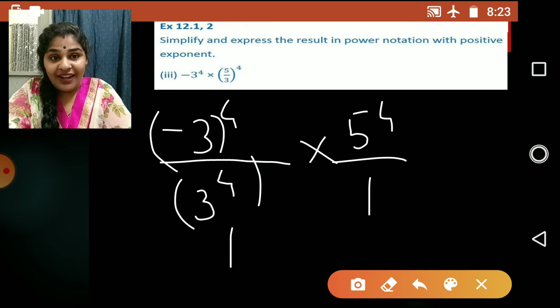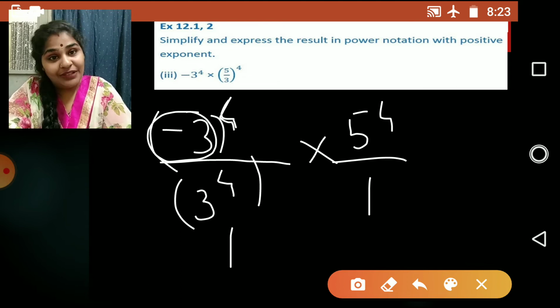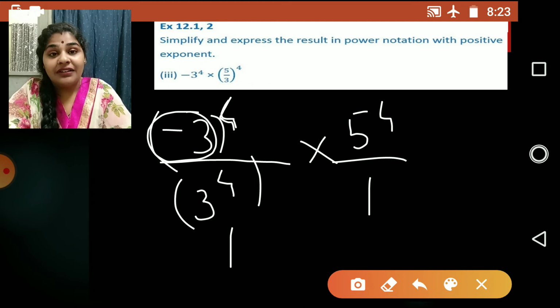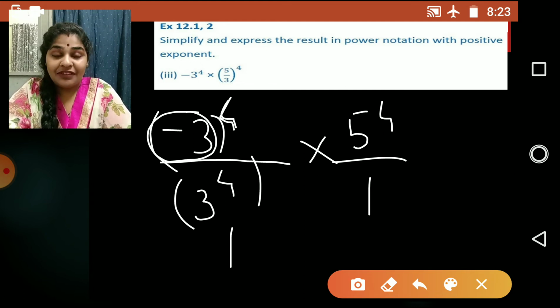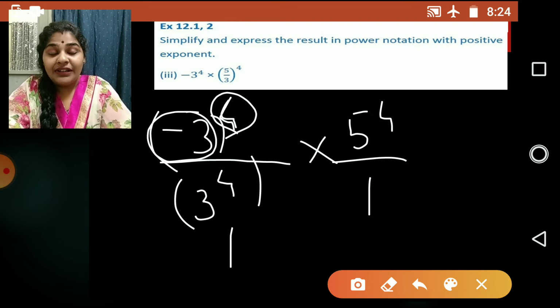and it can be written as 1, right? Because here negative 3, but the exponent is 4, so the answer will obviously be positive when the power is an even number, children, and the base is negative. When the exponent is an odd number, then the answer will be negative.